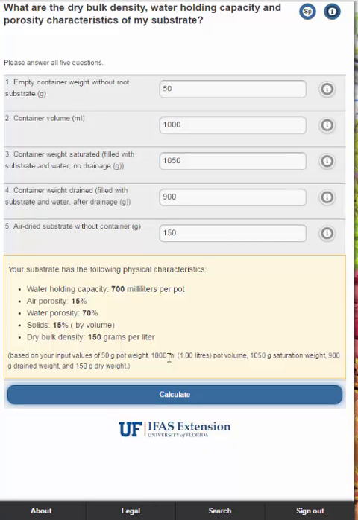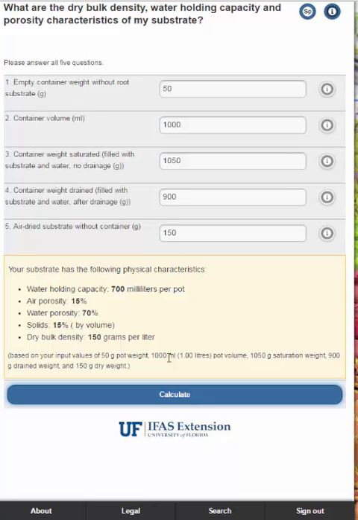The water holding capacity is 1050 minus the weight of the container, 50, minus the amount of water that drained out, which is 150, minus the weight of the substrate, which is 150. So 1050 minus 350 would give us the 700 milliliters per pot.